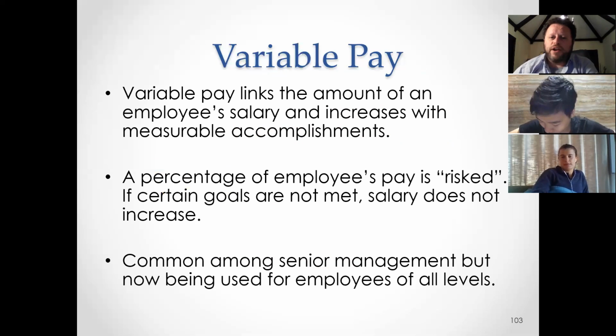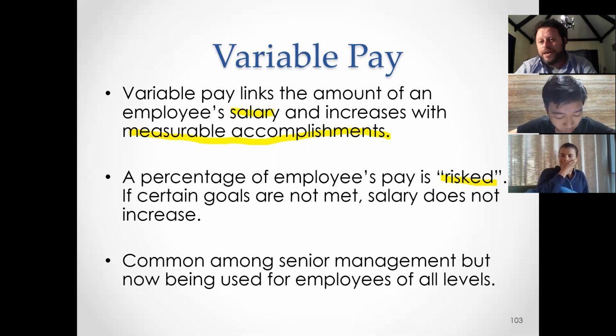A variable rate of pay says that your salary will change with measurable accomplishments. So with variable pay, this is almost like gambling with your money. Now, most companies don't do this with a lot. They do it with about 5% of the payment, but it says that you have a KPI. So let's say that, Chloe, you work at my English teaching company.